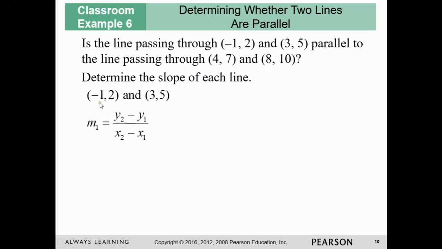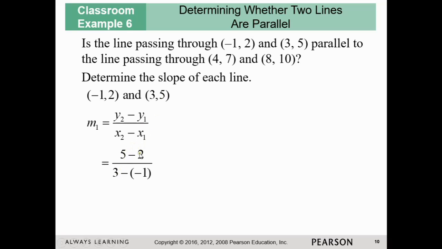So the first one we do here, negative 1, 2, and 3, 5, using the slope formula. Once again, 5 minus 2 over 3 minus negative 1. Notice the parentheses around the negative. So these problems are not that hard. It's just oftentimes when we plug the numbers into the slope formula, as I've said before, we often get them mixed up.